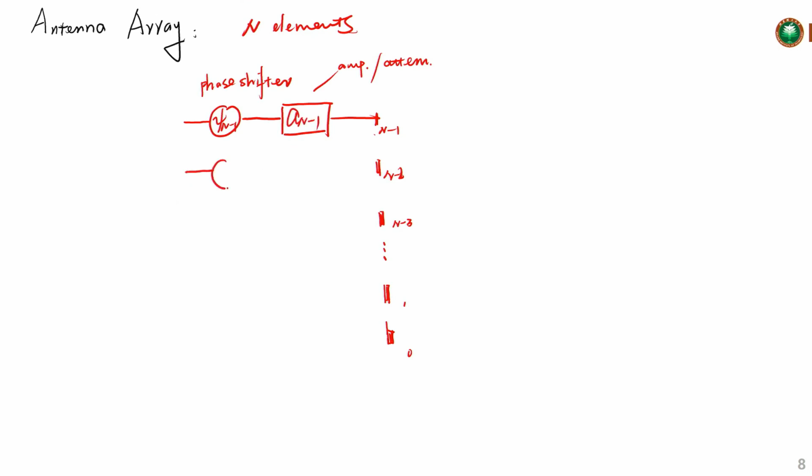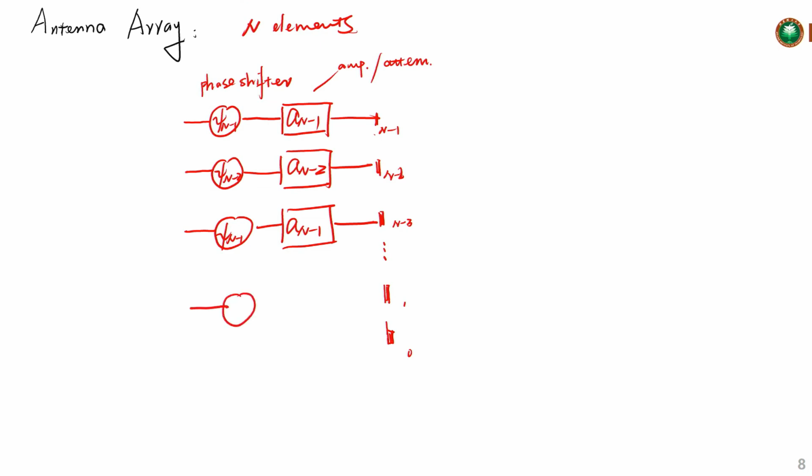Also this side, the same thing. For each element, it connects to a phase shifter and an amplifier or attenuator. Mostly amplifier. Psi 0.